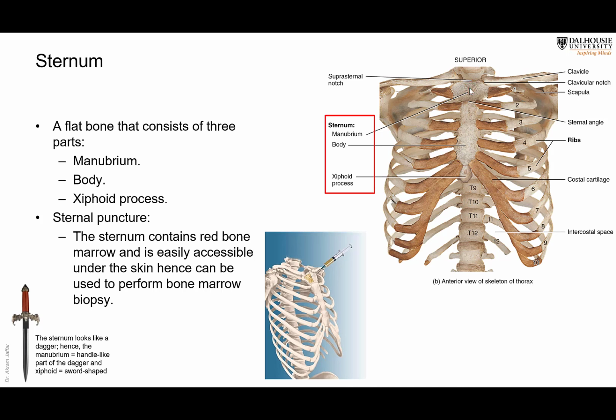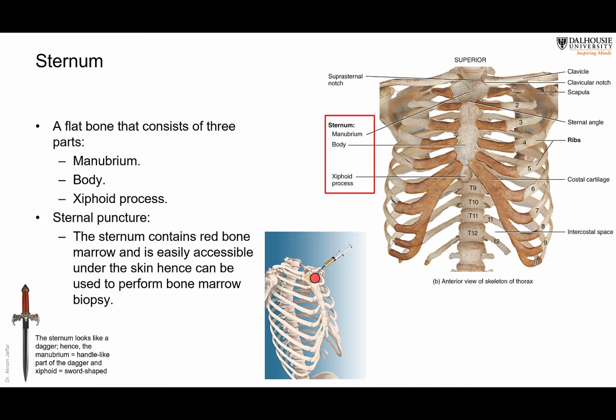The manubrium, manos or manual, is related to hands, so it is the handle of the dagger. So it has a manubrium, a handle, a body, and a tip, a pointed end, and it is a flat bone, easily accessible.